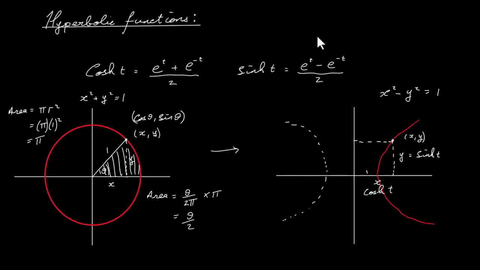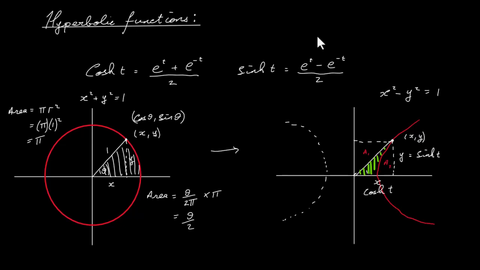Now what I'm going to do is draw a line down along here to the origin, and we're going to have a look at this particular area here, this green area. Let's call it area 1, and this is area 2 in here.